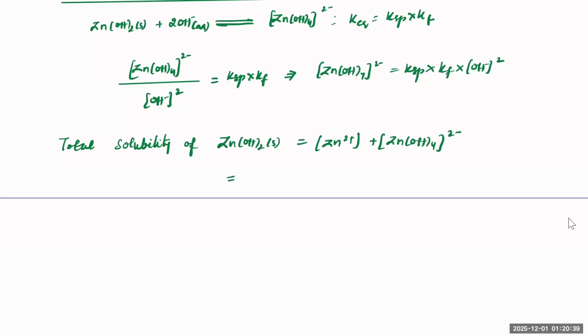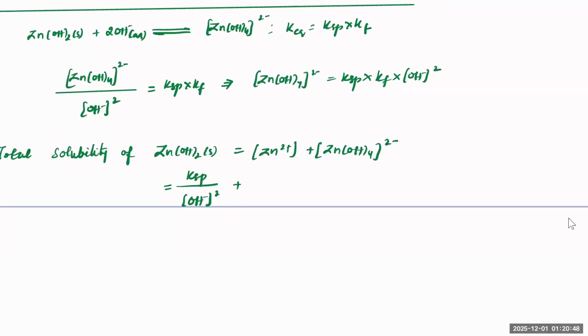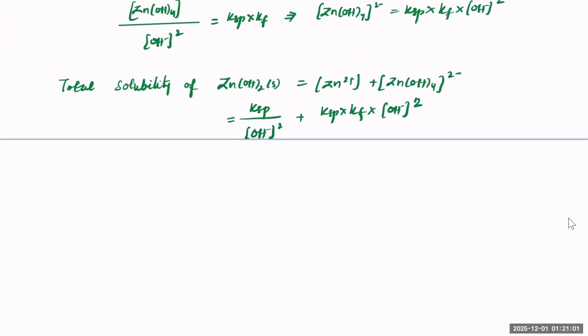And Zn2 plus concentration I can write as Ksp divided by OH minus whole square. And Zn(OH)4 2 minus is equal to Ksp into Kf into OH minus whole raised to the power of 2, right? So this is the equation, everybody. Total solubility is equal to Ksp by OH minus squared plus Ksp into Kf into OH minus whole square.